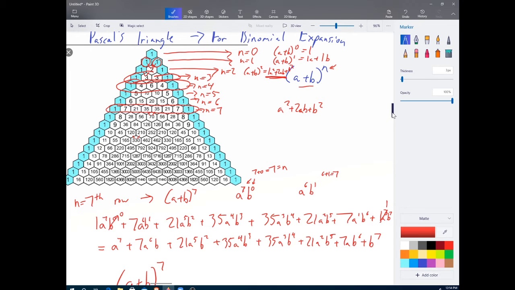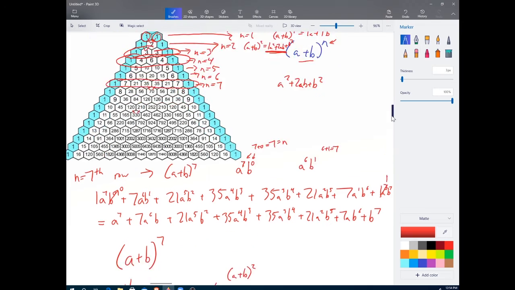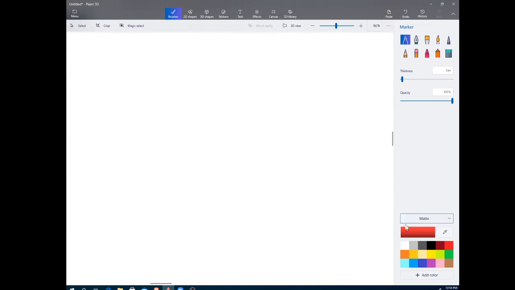So I'm going to do a couple different problems for you as examples to show you how this is going to work. And I'll recreate Pascal's triangle each time just so you can see that process as well. I've got some problems on my other screen. I'm going to pull from those. Let's do one where I'm subtracting instead of adding.